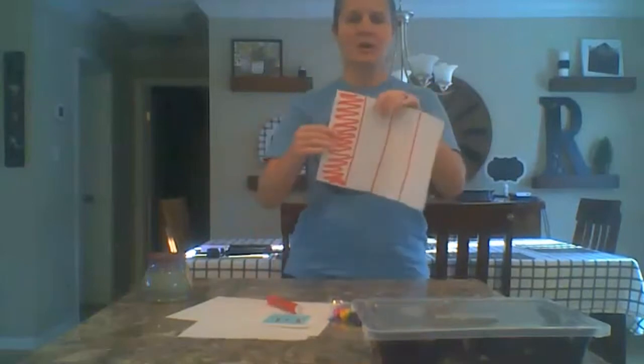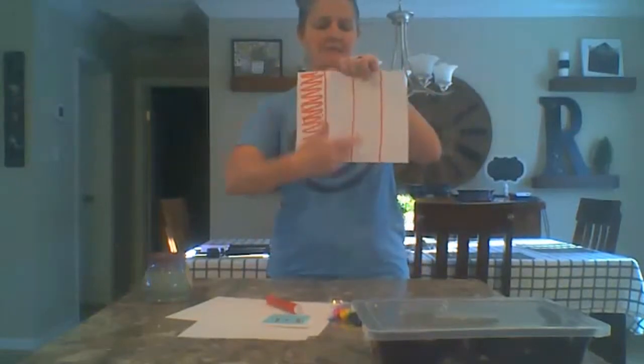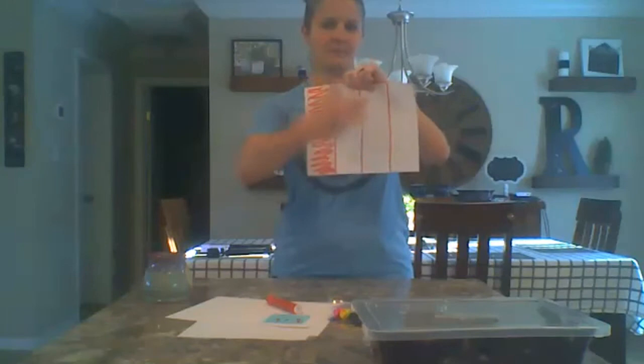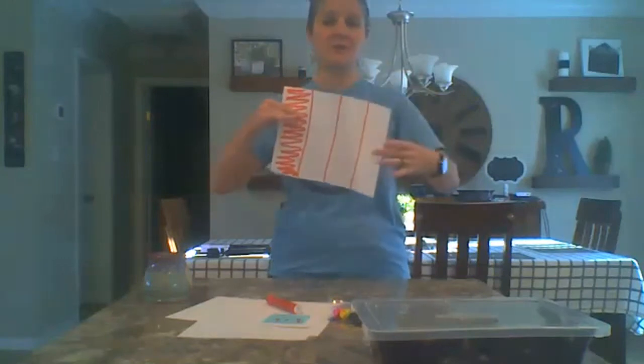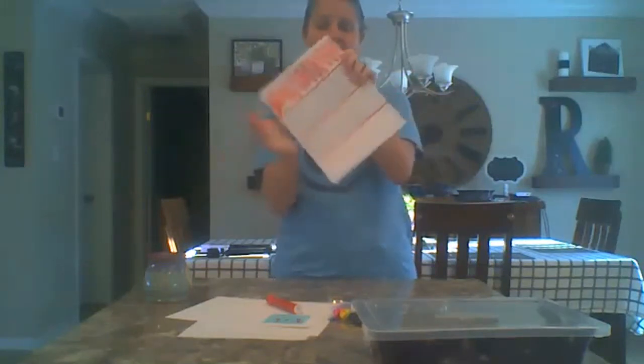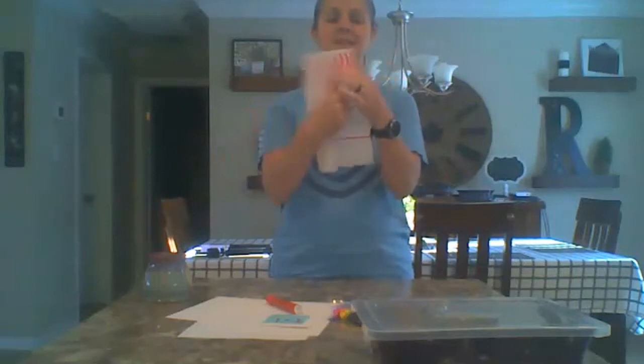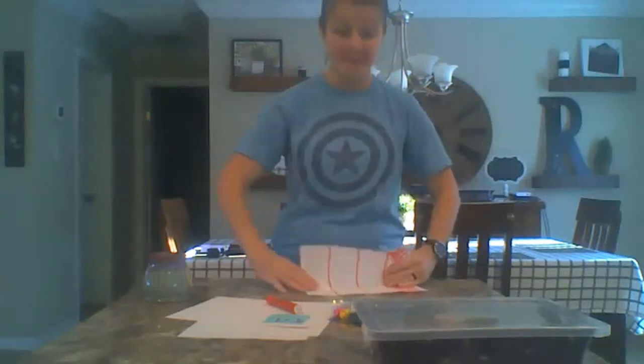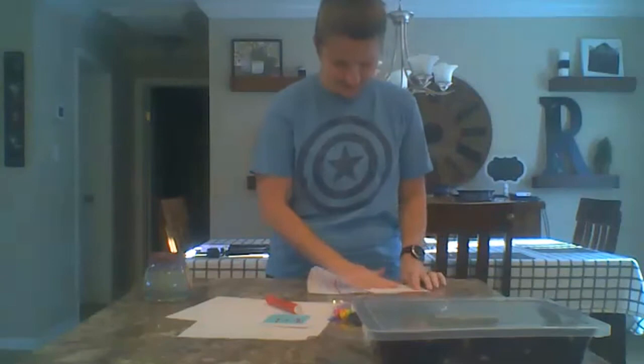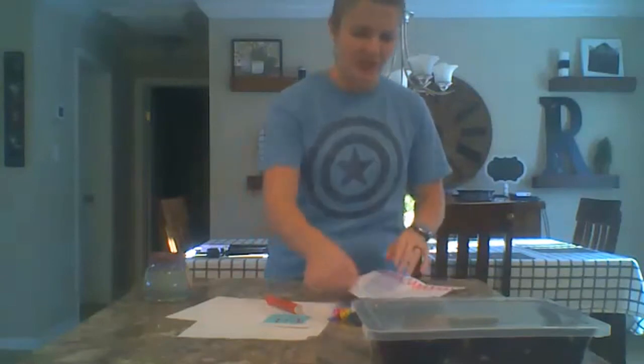Okay, so now I want to know what 1/2 of this would be. I noticed that my folds, my lines where I folded, have gone vertical, so I'm going to do my half a different way. So I'm going to turn my paper and fold it in half. All right, I'm going to switch colors.